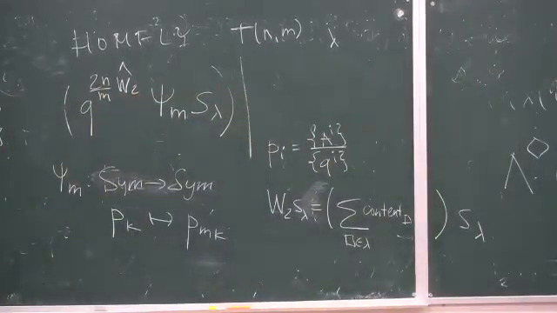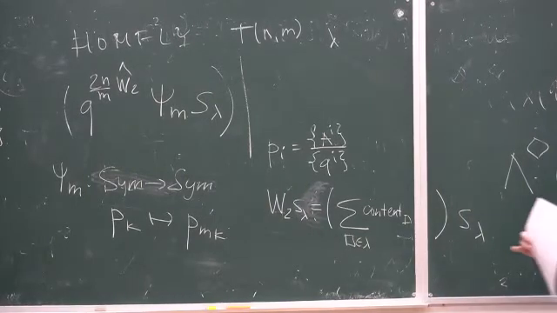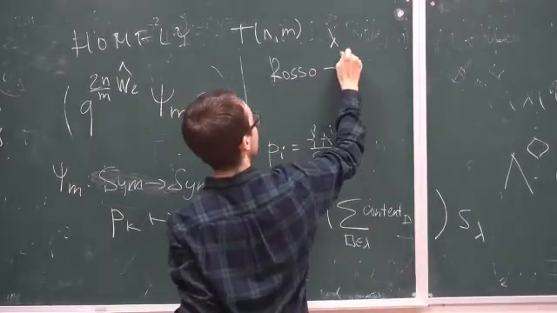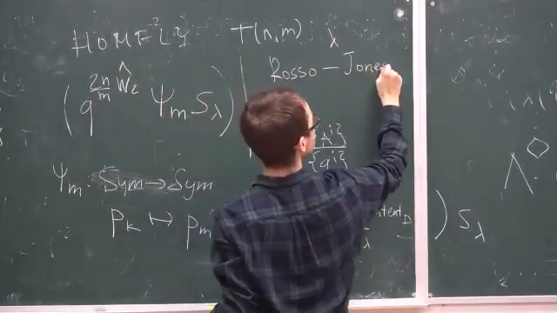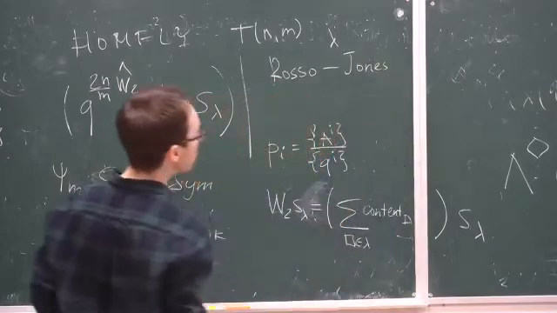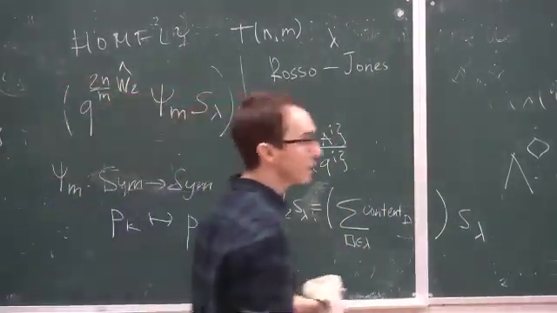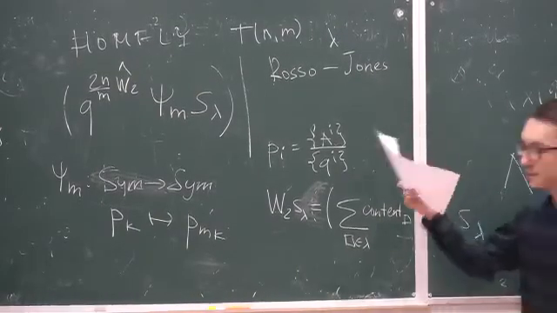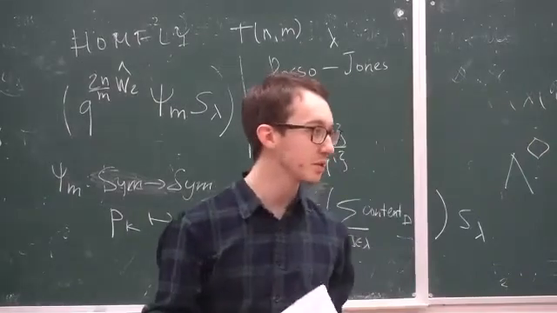And Cherednik invented a deformation. Rosso and Jones, a mathematician who just recently passed away. Ang-Ooguri-Vafa is related, but in some other context of topological vertex.